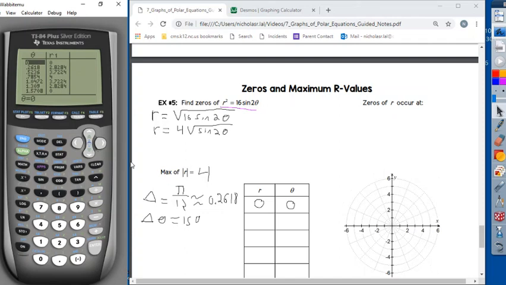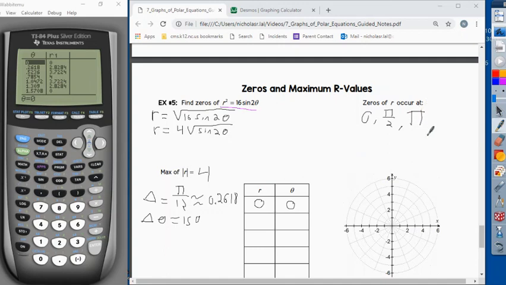So we definitely have 0 and 0, and then we also have when theta is pi over 2, that's when we are plus or minus 2.83. So zeros will occur at 0, pi over 2, and pi.